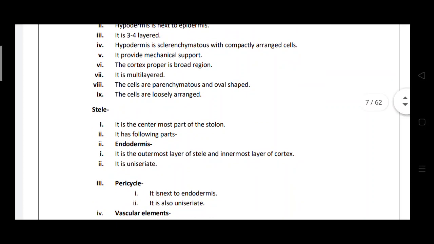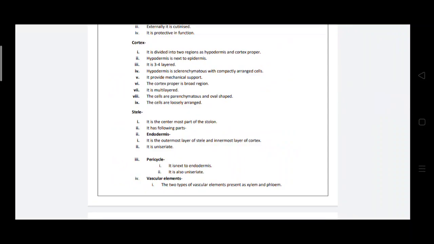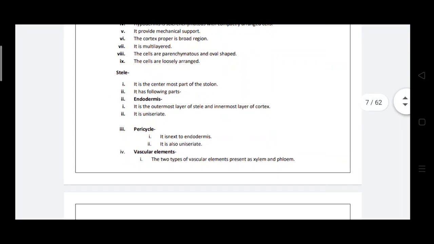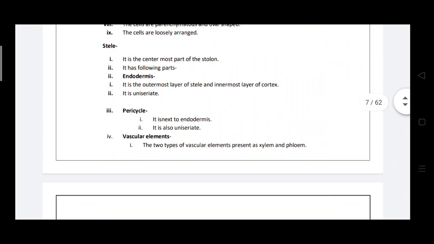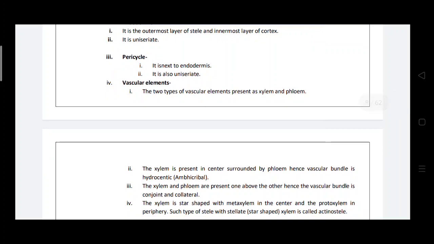Then the stele, which is the innermost part of the stolon, is again divided into three parts: endodermis, pericycle and vascular elements. The endodermis is the outermost layer and it is uniseriate. The pericycle is next to the endodermis and it is also uniseriate. Two types of vascular elements are present, xylem and phloem.